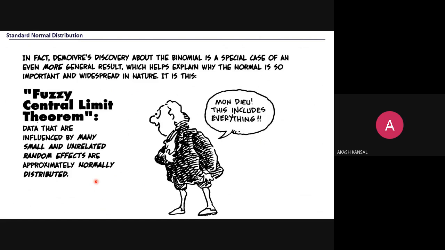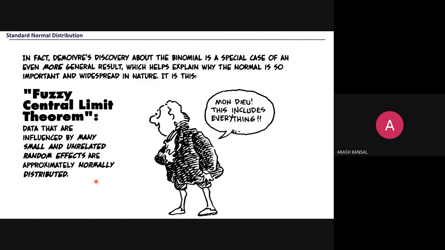Moreover, this discovery that he had made is a special case of a very generic result, which is the central limit theorem. Since it's a special case, we call it the fuzzy central limit theorem. And that says that data which is influenced by many small and unrelated random effects are approximately normally distributed.